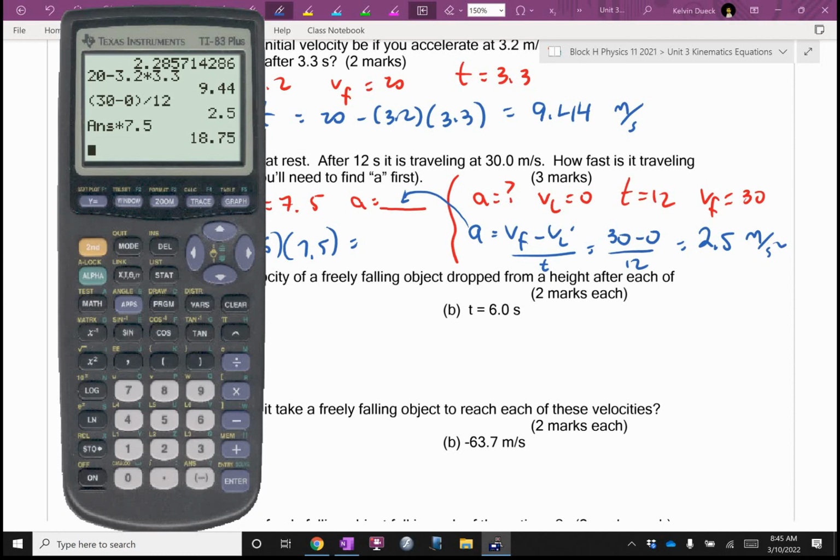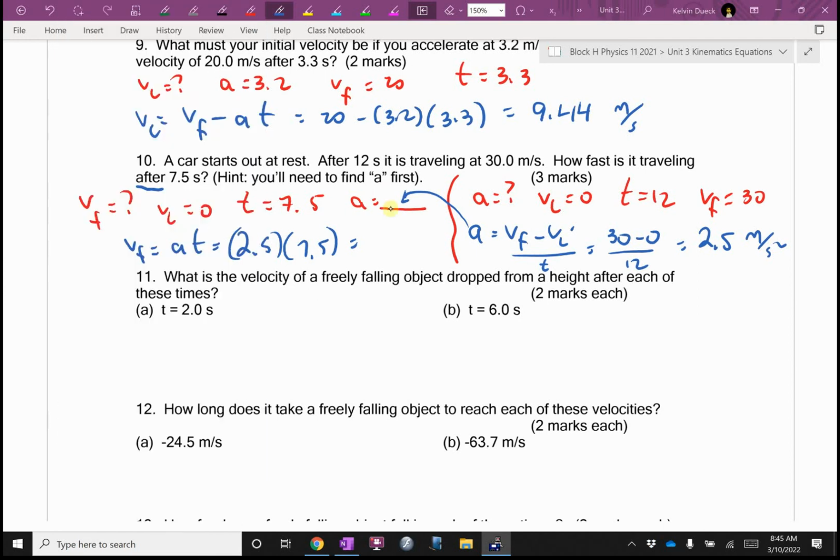Yes. If you said 18.7, I would take a half mark off. That would get you 3 out of 3. If I was marking this, I would give you probably 1 mark if I saw that, half mark for finding A, 1 mark if I saw that, half mark for finding VF, or something like that. I'd split it down the middle.